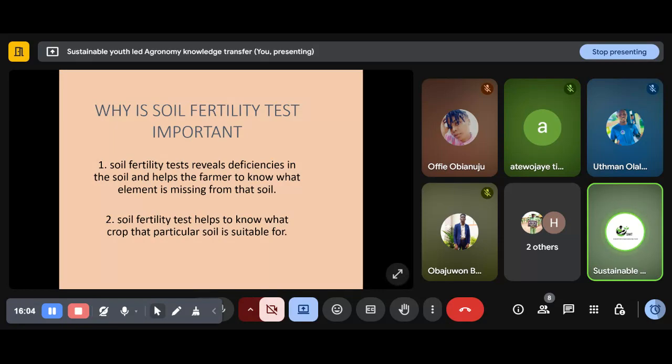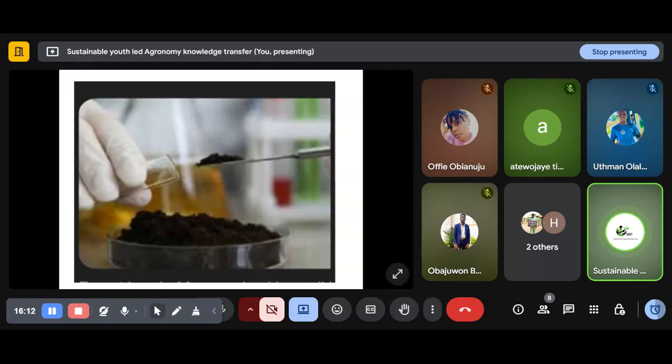I can plant this particular plant because I know the history and what the soil contains. So this is an example of a lab where they are testing the soil.